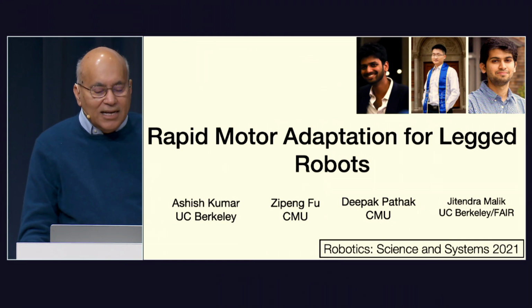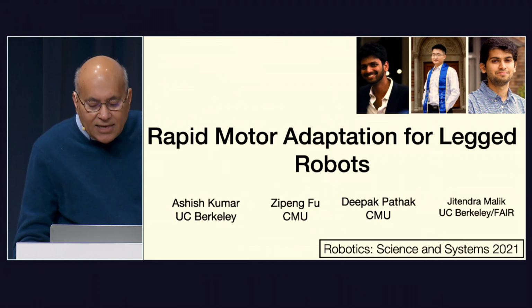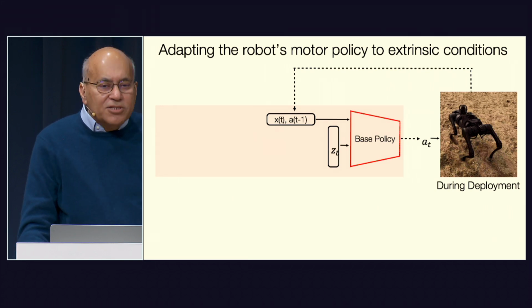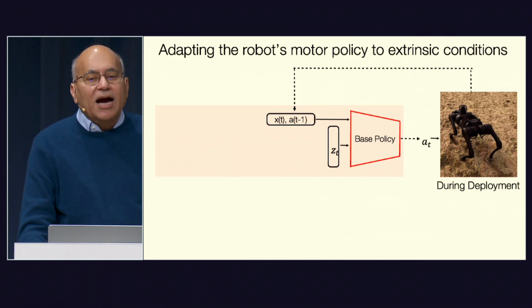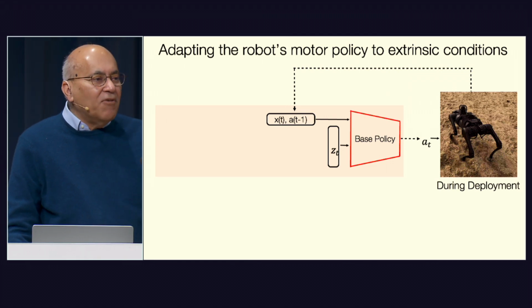Okay, so this is the philosophical context. I'll talk about some of the work from our lab in the last several years, not going into details, but this is a paper, Rapid Motor Adaptation. The insight here was that we're going to train this robot in simulation and so forth, but what were we after? We were after this problem of adaptation. We wanted to have one policy.